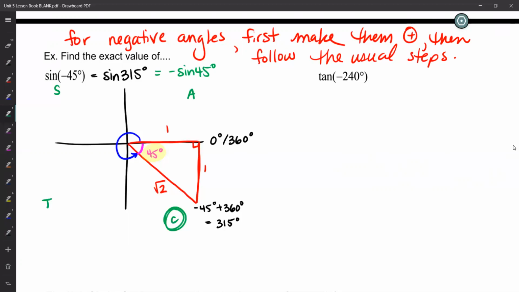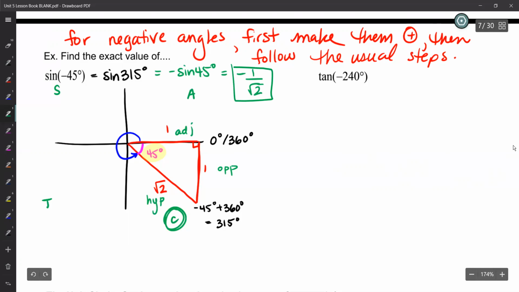And can somebody tell me, if 45 is our reference angle, this is opposite, adjacent, and hypotenuse, what is sine of 45? Ben? Okay, so it'll be negative 1 over √2. That should be our final ratio. If I rationalize the denominator, it's negative √2 over 2. So the opposite is like the opposite. Yep.